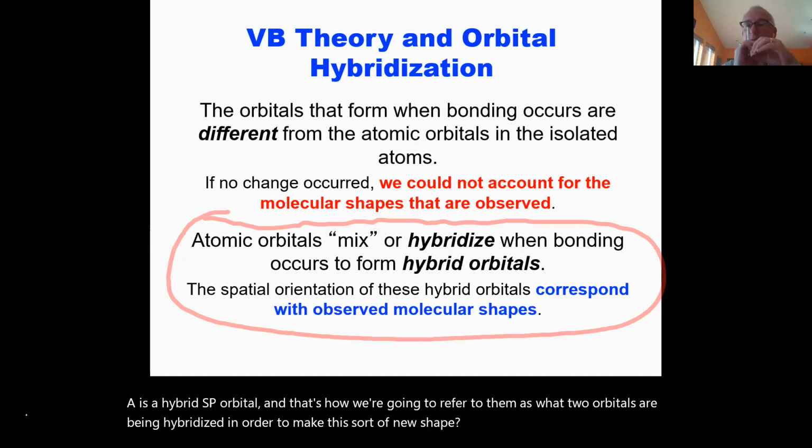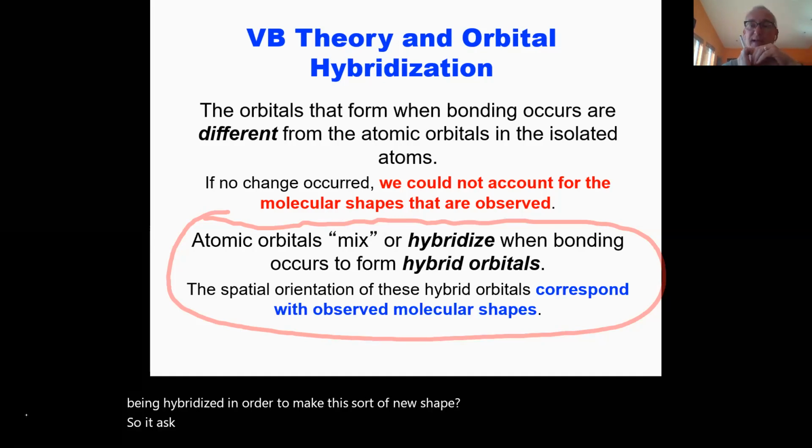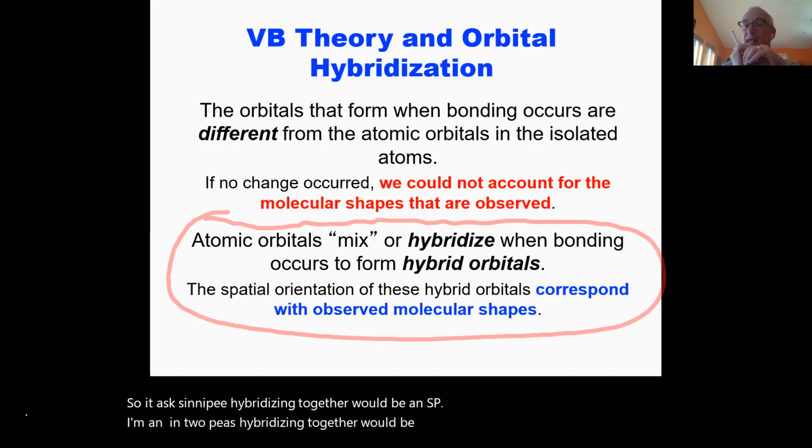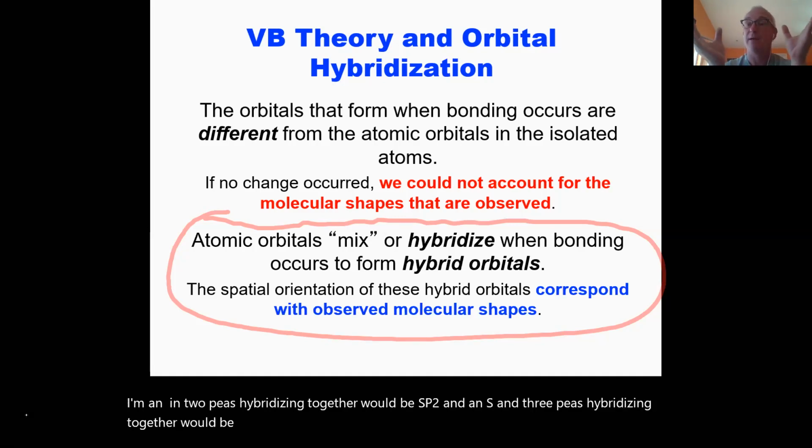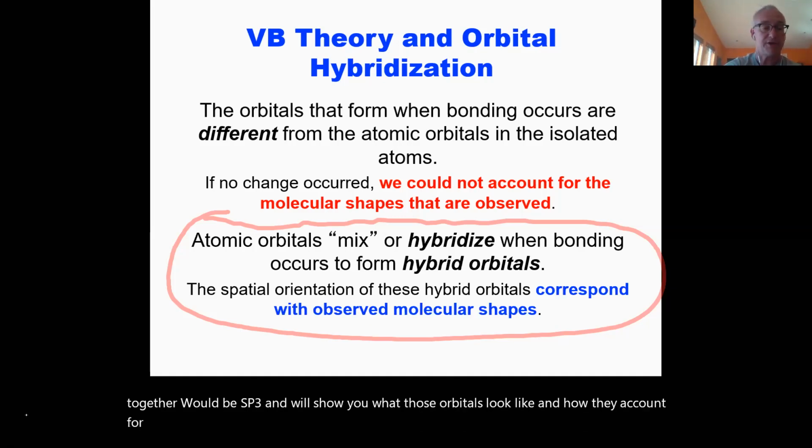So an s and a p hybridizing together would be an sp. An s and two p's hybridizing together would be sp2, and an s and three p's hybridizing together would be sp3. And we'll show you what those orbitals look like and how they account for the shapes.